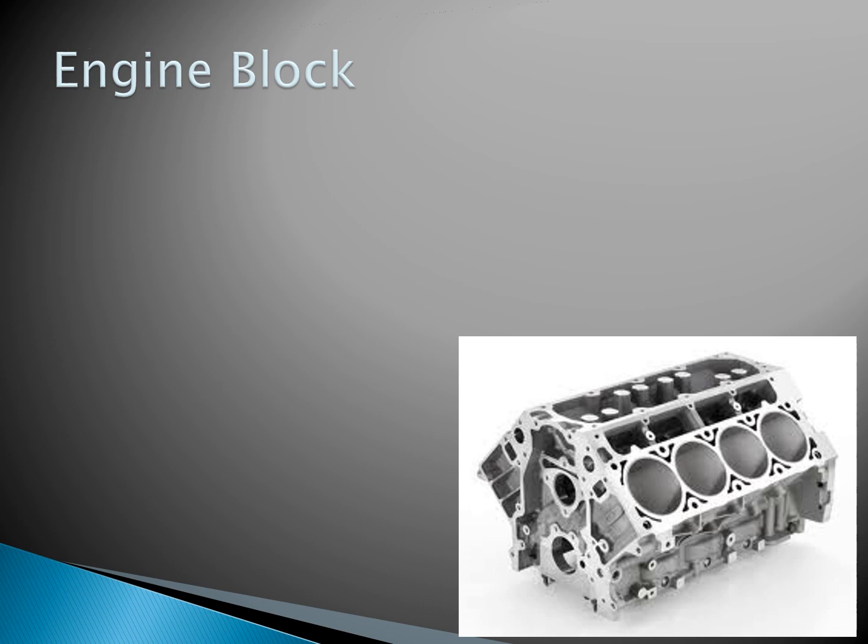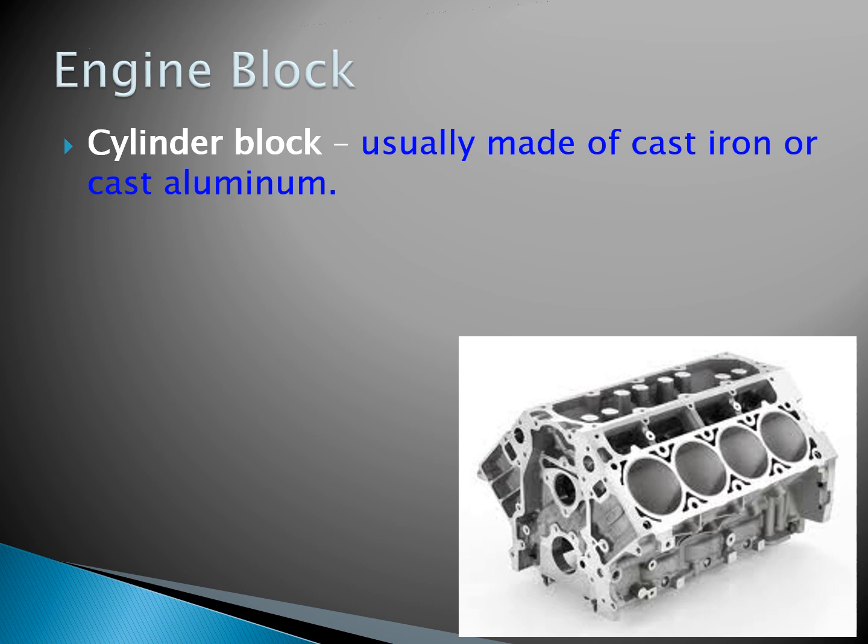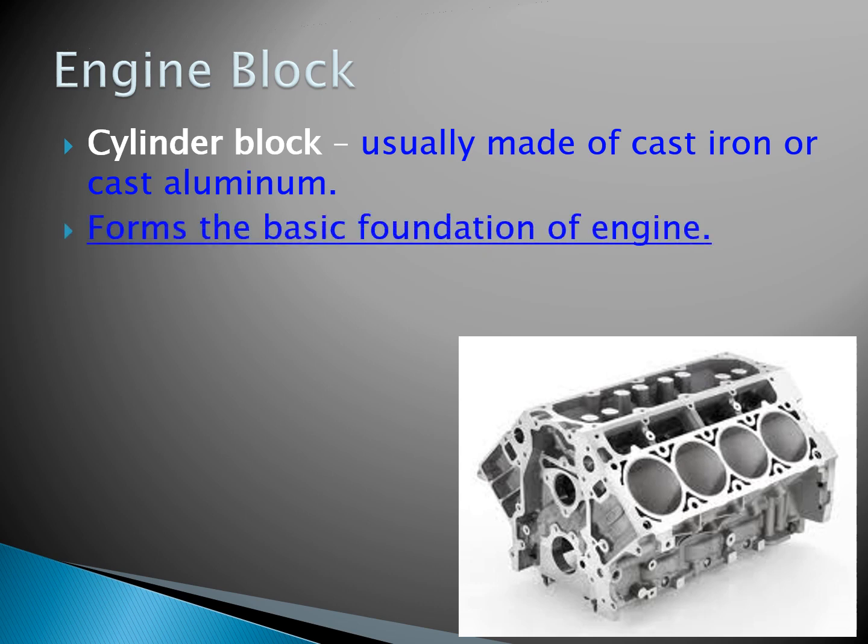And this is a picture of an engine block, otherwise known as a cylinder block. These are typically made of cast iron, and a lot more nowadays are cast aluminum. For our purposes, we're going to refer to this as the building block. This forms a basic foundation of our engine.